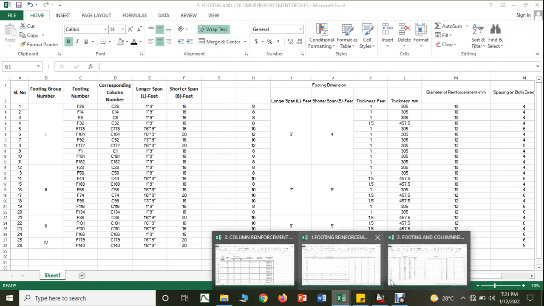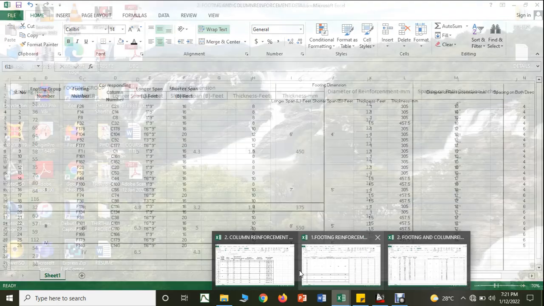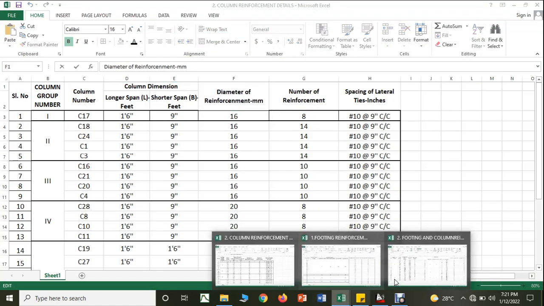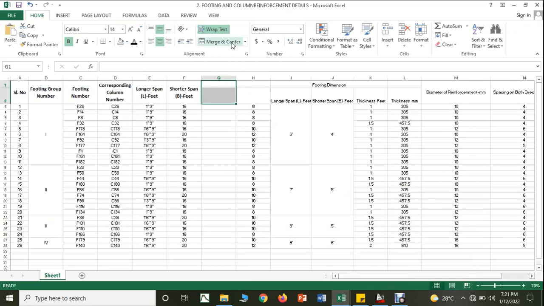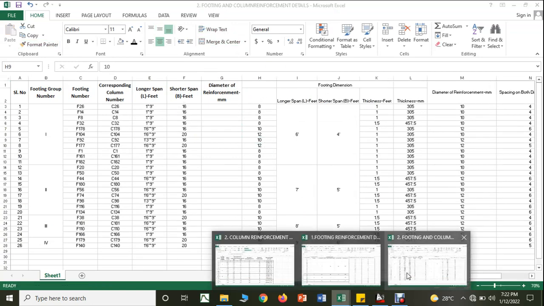the reinforcement. What you can have here is the diameter of the reinforcement in mm. Then I can add reinforcement number.